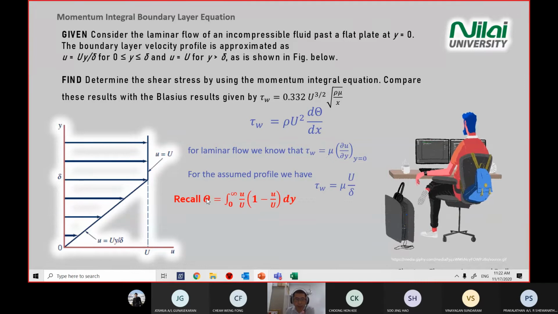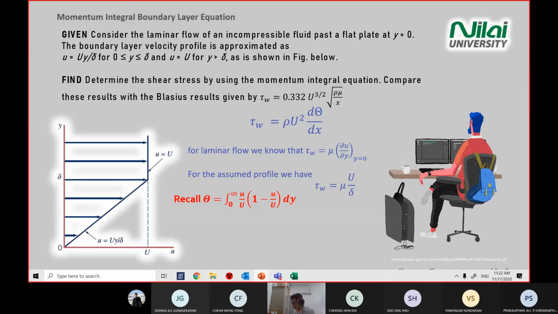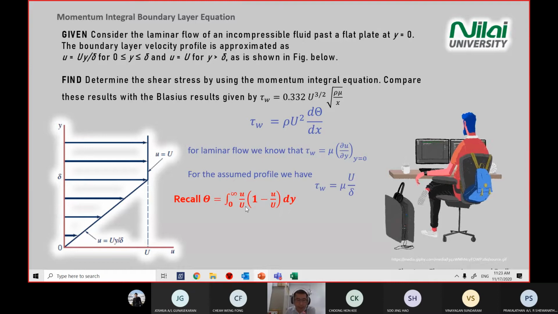Recall the momentum thickness equation again, from question 14. Recall the definition for your momentum thickness: the integration of u divided by capital U, times 1 minus small u divided by capital U, dy.